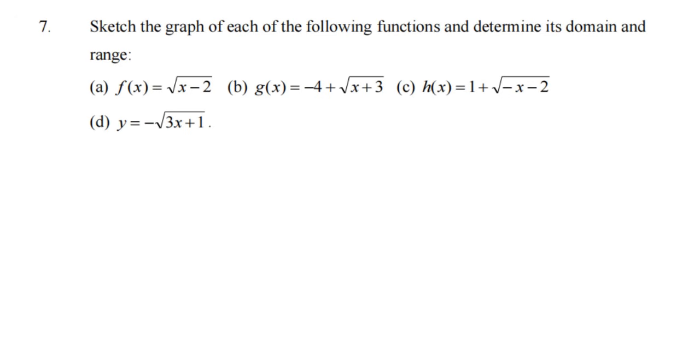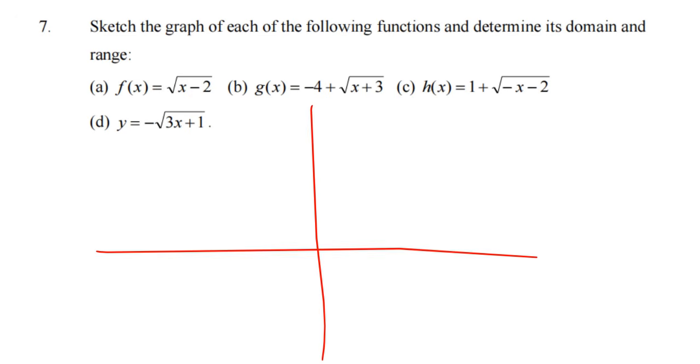Then for D, it's the same thing. Look at the value of the whole function, look at the value of x and y. So of course, if I'm going to draw this, the value of y is now negative. Look in front, so I have a negative. The value of x, you equate what you have in the bracket, so 3x plus 1 is equal to 0.